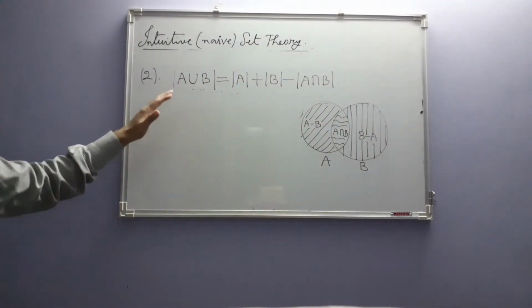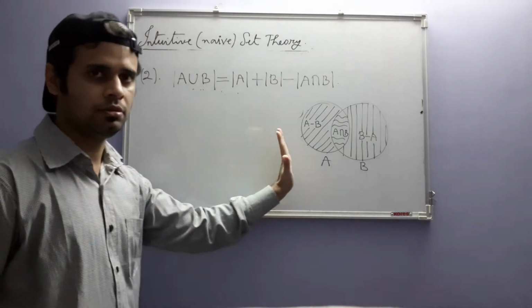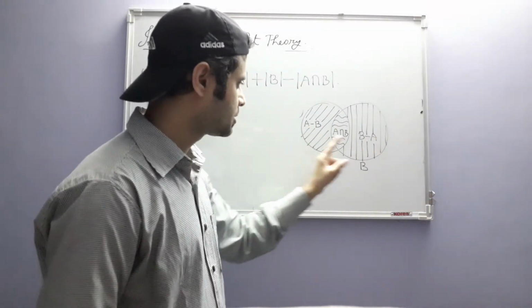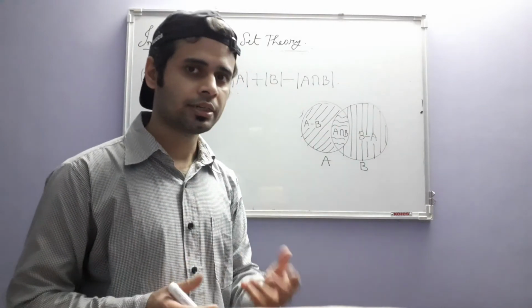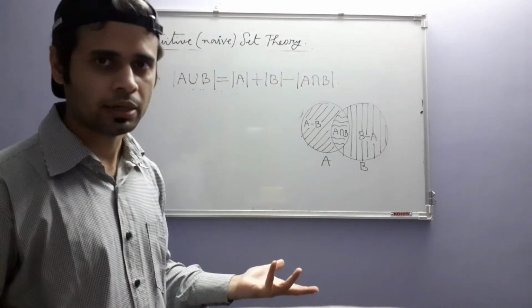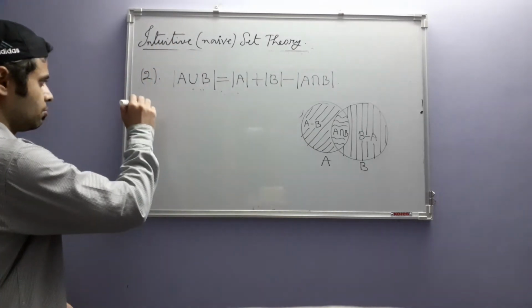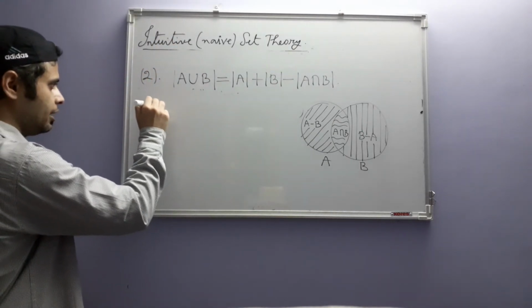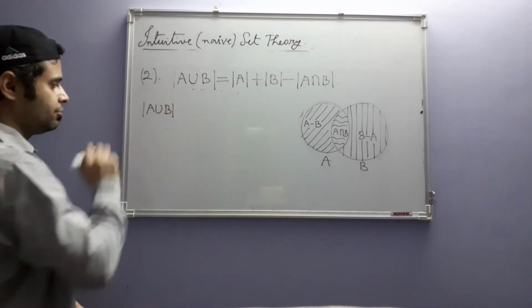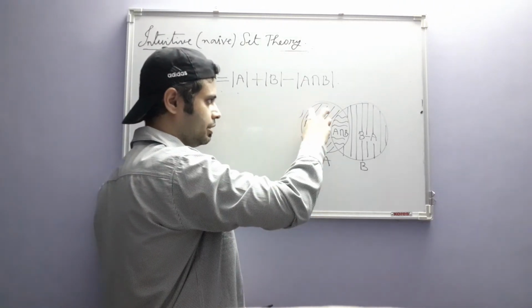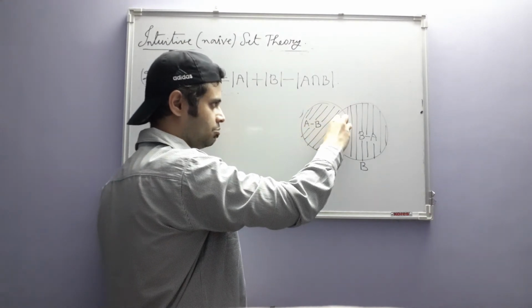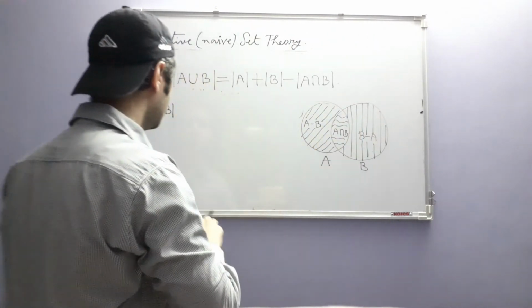Okay, so A union B is the union of these three sets, and these three sets are mutually disjoint, that is, there is no common element. Then what do you think A union B will be? I mean, its cardinality. It is just these elements plus these elements plus these elements.